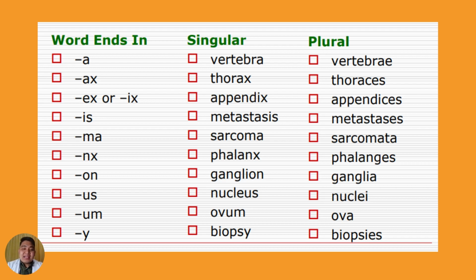Ex or ix, appendix, add es, that is appendices. Is, metastasis, change i to e, that's metastases. So here are examples of how we convert from singular to plural.